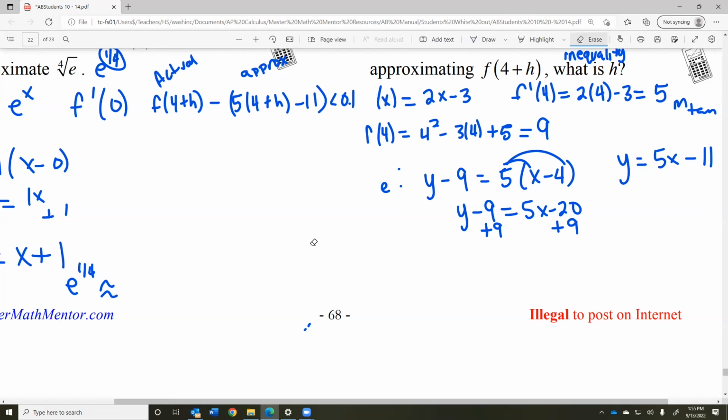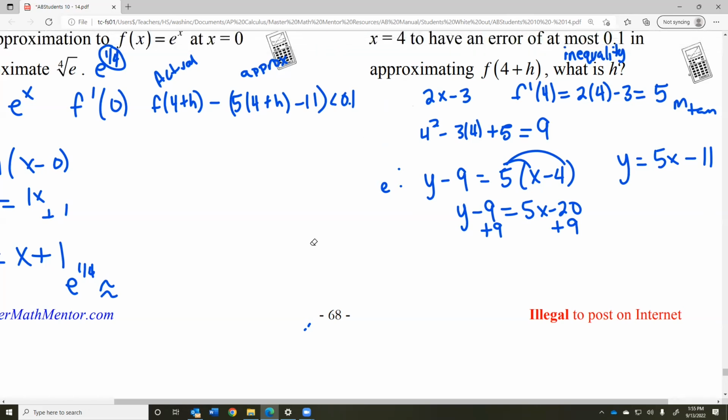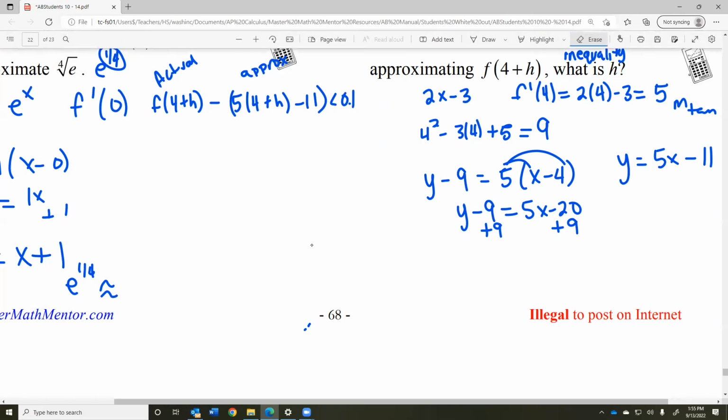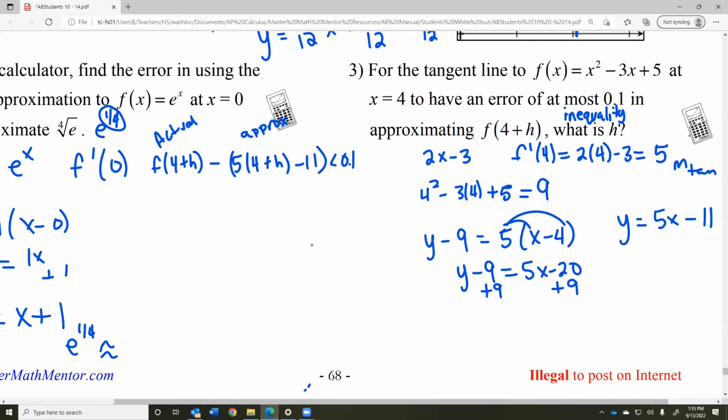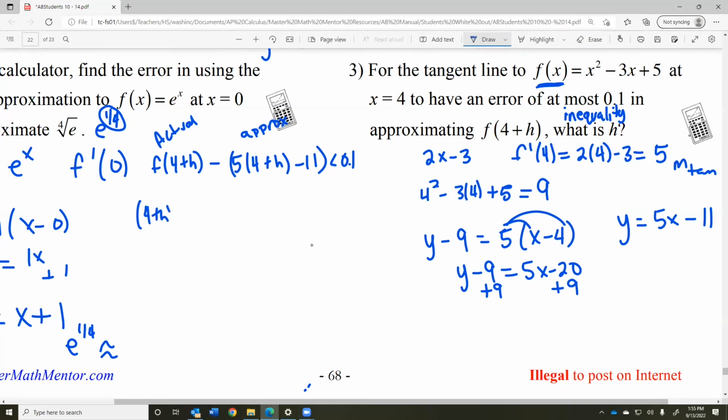Erase, give myself a little bit more room here. And then we end up with f of 4 plus h. So we're going to plug 4 plus h into our original equation, f of x. So we get 4 plus h squared minus 3 times 4 plus h plus 5.